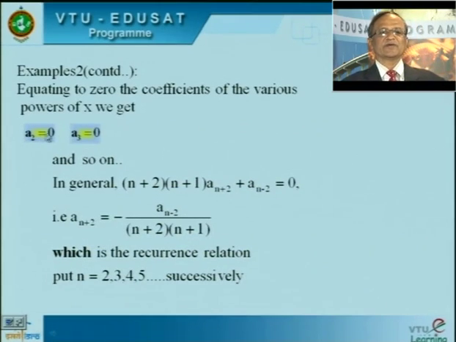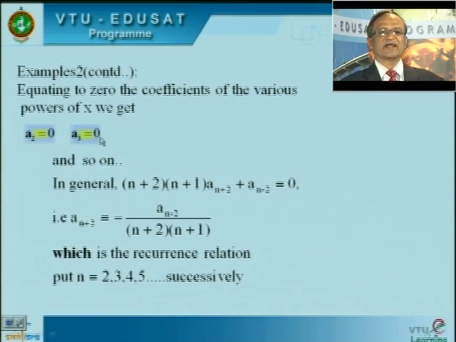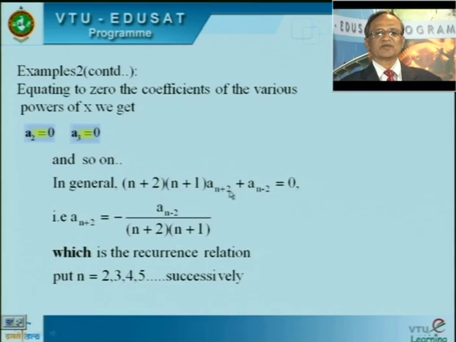So, from this we can obtain the recurrence relation, right. When we equate the coefficients of x to the power 0 and x to the power 1, I hope you will get a2 is equal to 0 and a3 is equal to 0. So, in general, from this you can obtain a recurrence relation, right. A suffix n plus 2 is equal to, I will take this term to the right hand side, that is why I will get minus a suffix n minus 2 whole divided by n plus 2 into n plus 1, right.